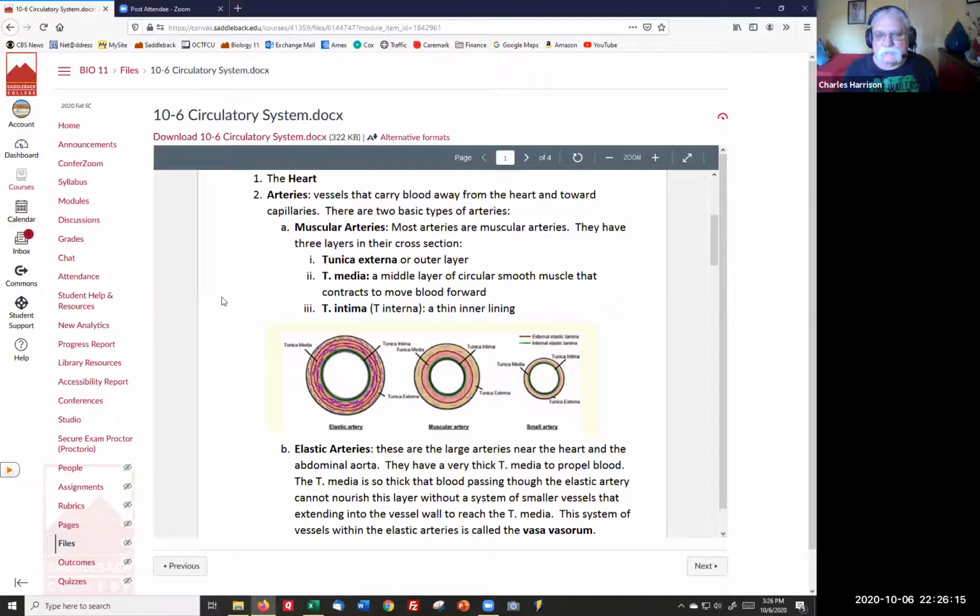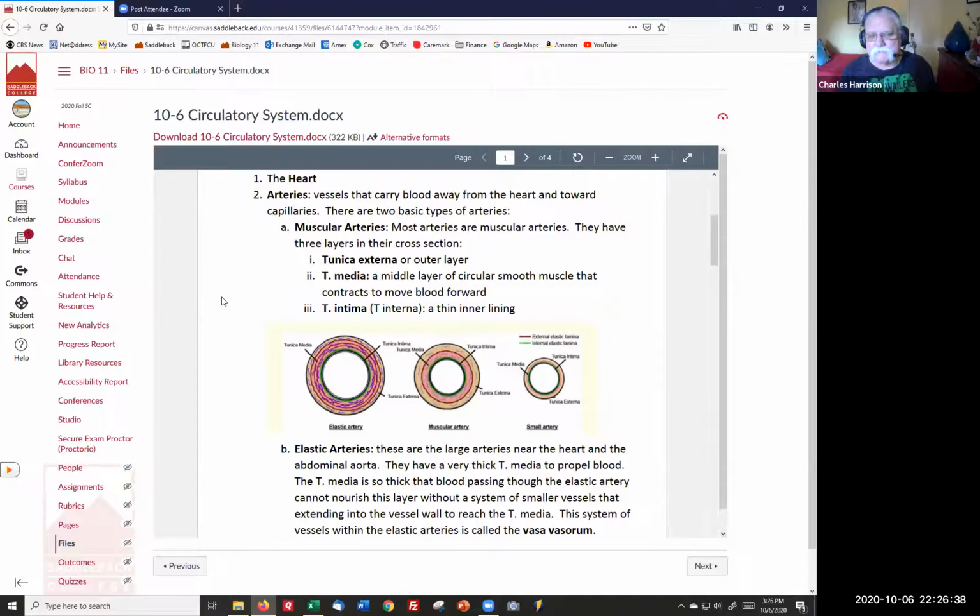But with the elastic artery, they're so thick that oxygen and nutrients can only make it part way. So you have to have some assistance. And that's called the vasa vasorum, last 2 words in the paragraph B.